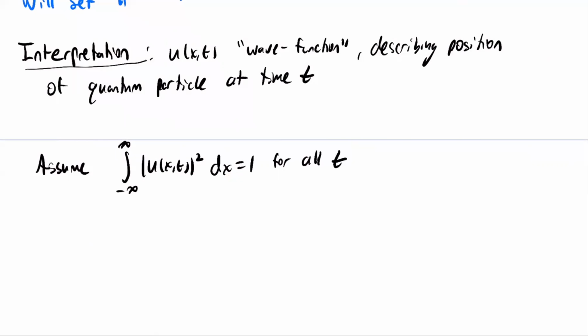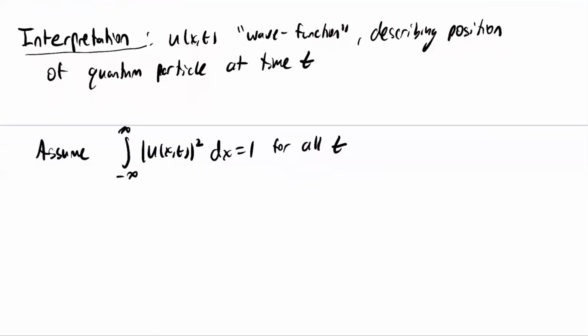Well, we'll see as soon as we look at how to solve the equation that this is actually not a strong assumption, and it's easy to assume that your solution has this property. With this assumption, the function u of x,t describes, as I just said, the position of the particle at time t.